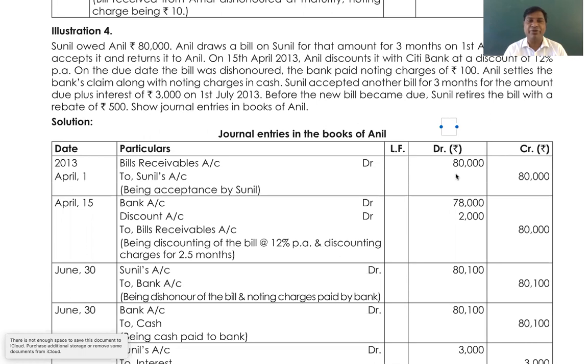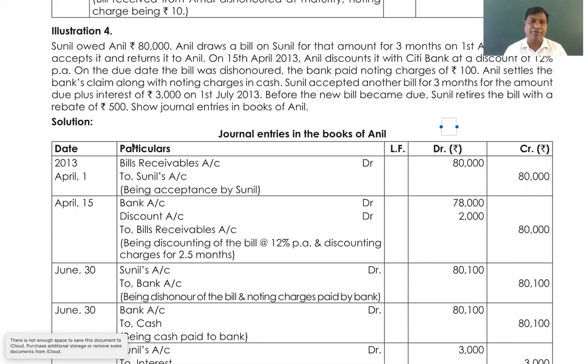So bill receivable account debit. Earlier, what did you see? Sunil to sales account. But now we are skipping that entry because there is no sentence called sales given here. So straight away we are going to bill receivable account. A bill is drawn by Anil on Sunil.